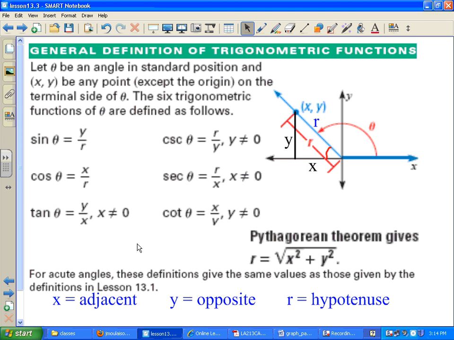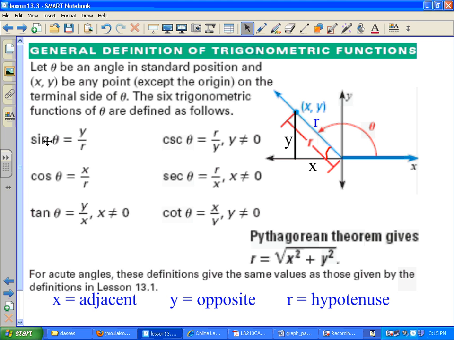So in general, we've learned trig function definitions for sides labeled opposite, adjacent, and hypotenuse. Those same definitions can be translated into relationships with the variables x, y, and r. In this case, x is synonymous with adjacent, y is synonymous with opposite, and r is synonymous with hypotenuse.